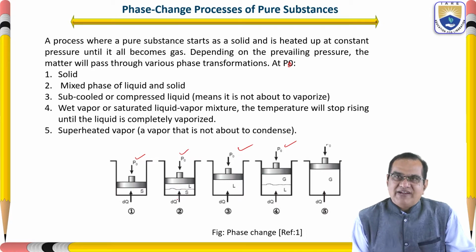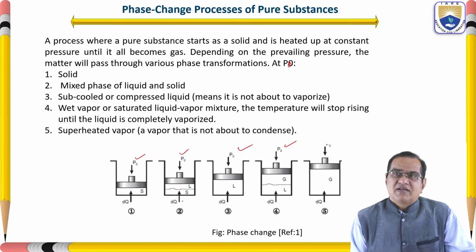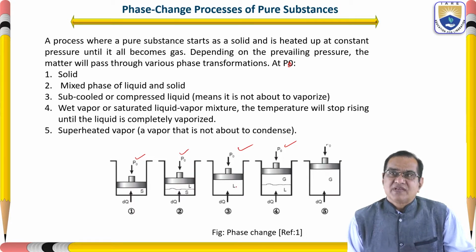If you give some higher temperature, this piston will move a little up, and gases will form here. If you give further heat, this solid will become purely subcooled liquid, full of liquid here.